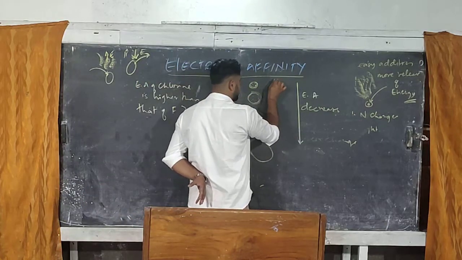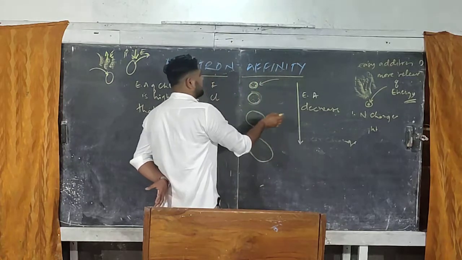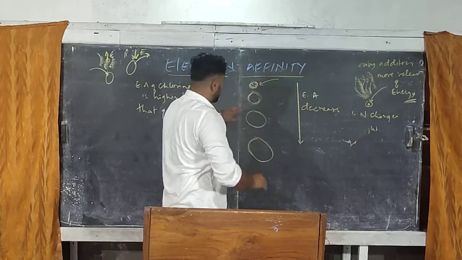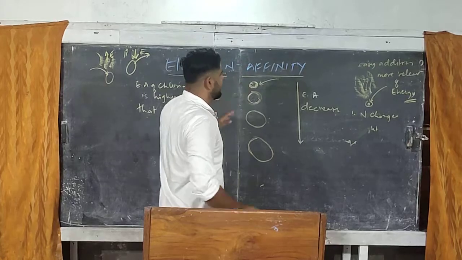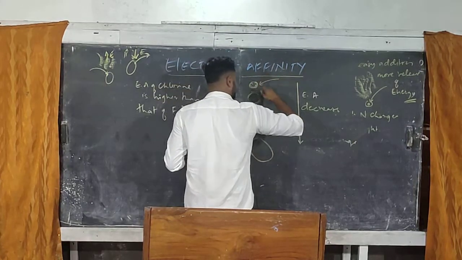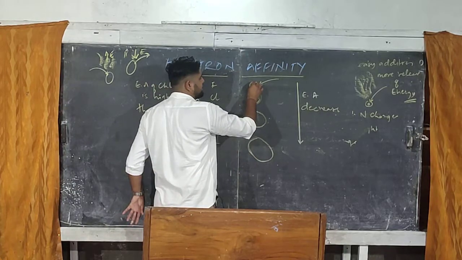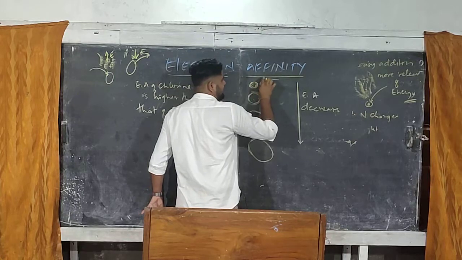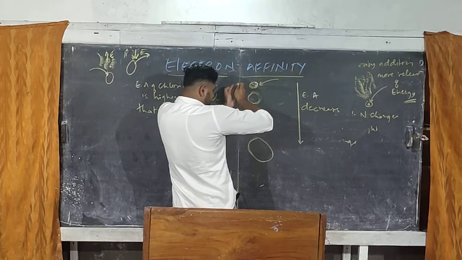Now if you wish to add another electron in that small area, then the electron which was present here will repel the incoming electron. Since the electron cloud here, the electron density, is maximum negative charge, and the incoming electron is also negative charge, there is a repulsion between negative and negative.